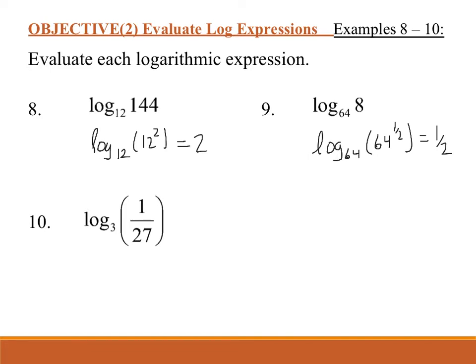So for the log base 3 of 27, I can write it in the following fashion: log base 3 of 3 to the minus 3, and of course that's just equal to a minus 3. So when we evaluate it, we actually evaluate it based upon our rewriting of the number based on the base number.